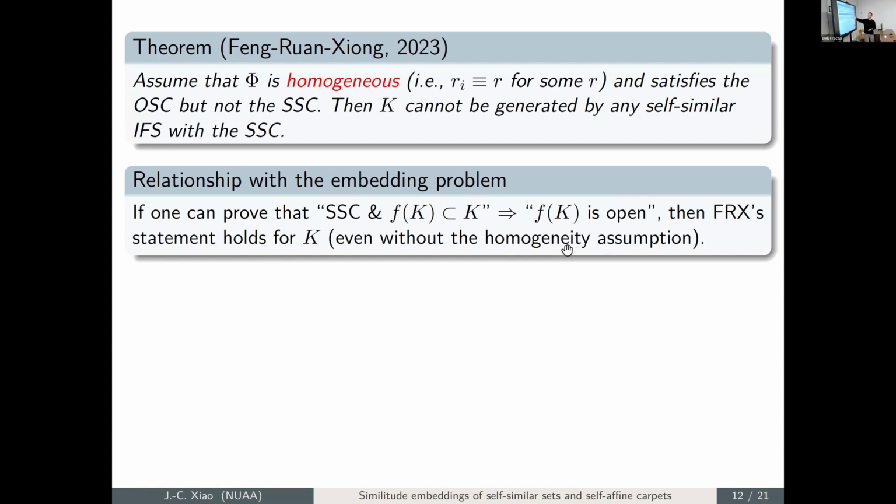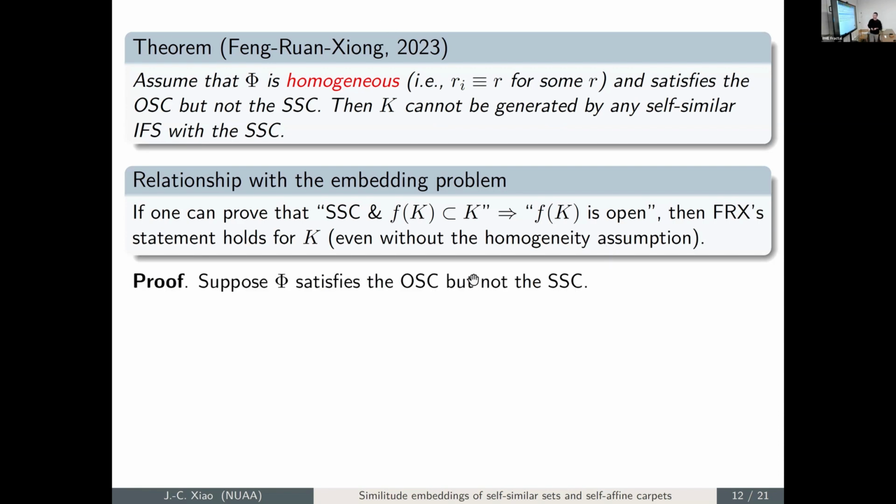I mean, for a particular case, if you can show that it satisfies the strong separation condition and all of its self-embedding images are relatively open, then you can never find a generating self-similar system of it that satisfies a weaker separation condition.